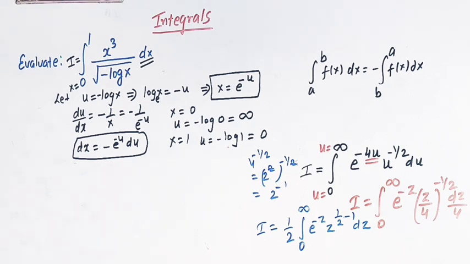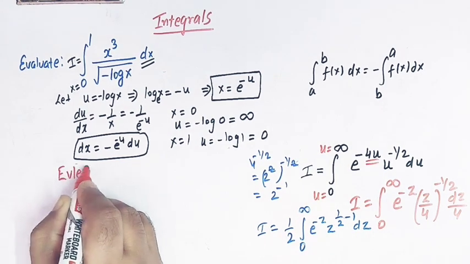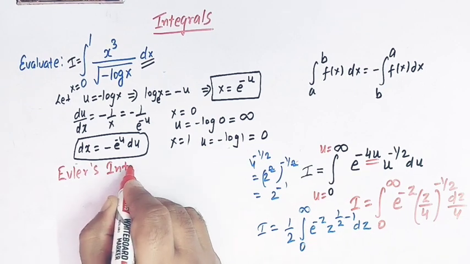So viewers, we know that the famous Euler's integral can be written in the form of the gamma function.